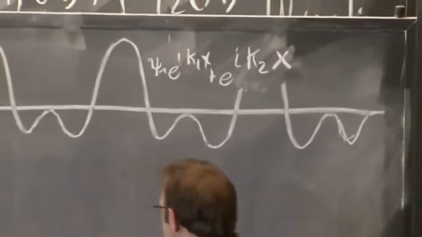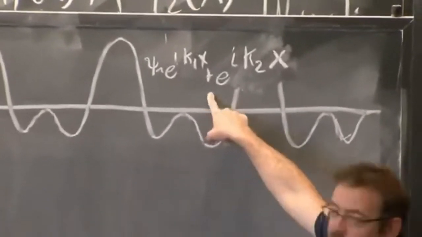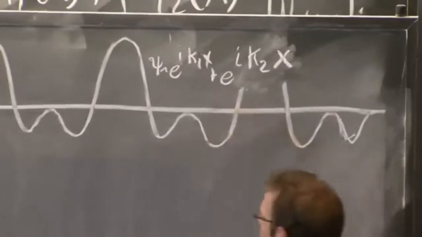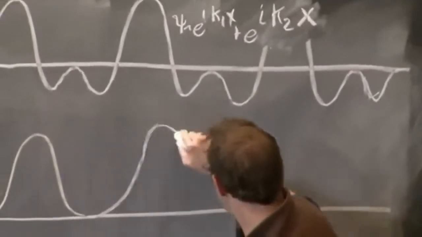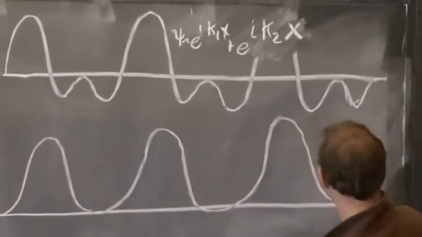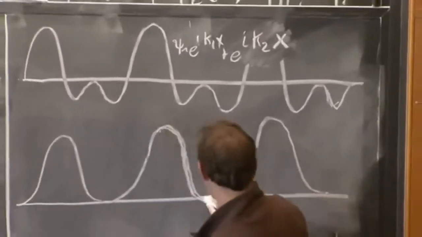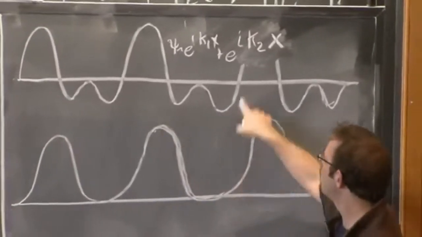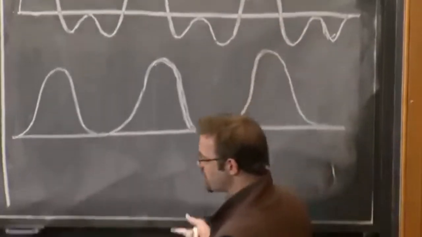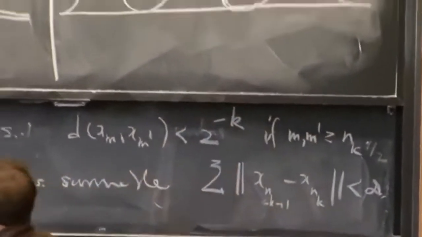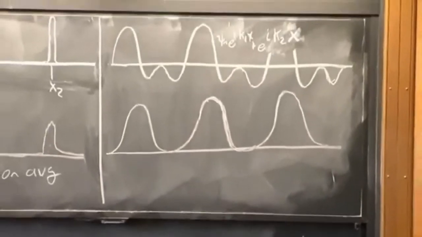And so the probability distribution now, if we take the norm squared of this guy, is no longer constant, but there's an interference term. And let's just see how that works out. Let me be very explicit about this.